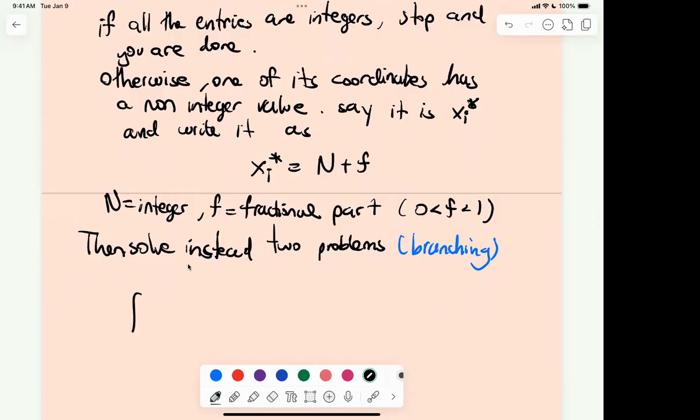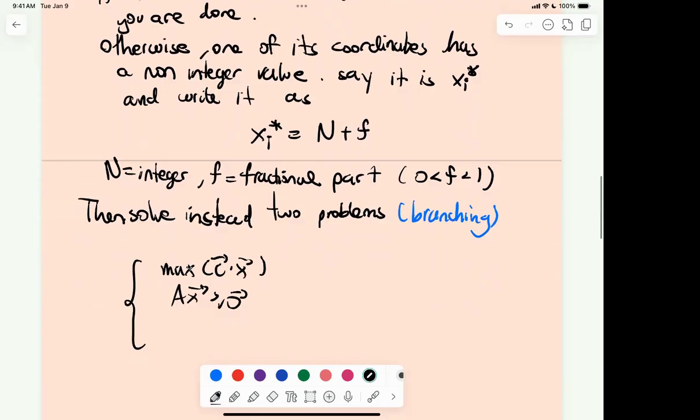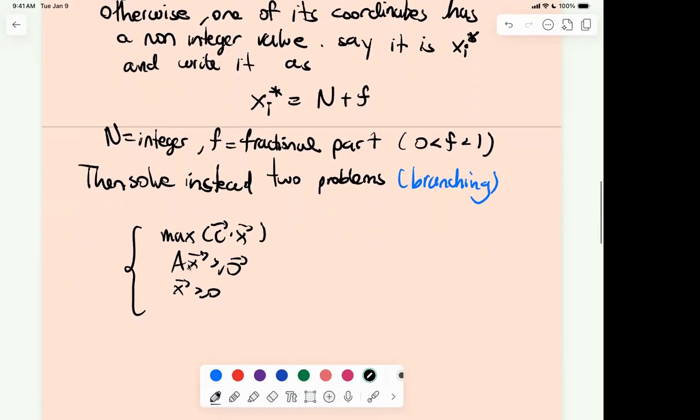So the first branch is where you are asking as an extra condition that this variable has to be less or equal to n. And the other branch is where you ask the extra condition that the variable is greater or equal to n plus one.